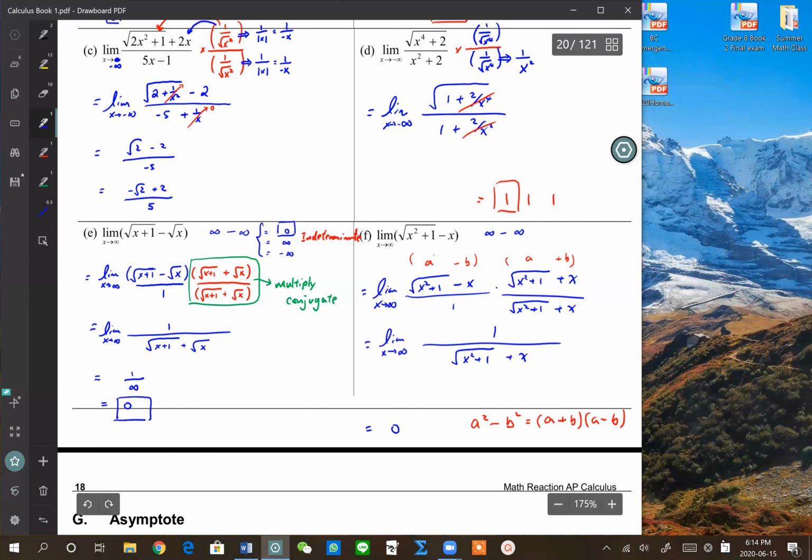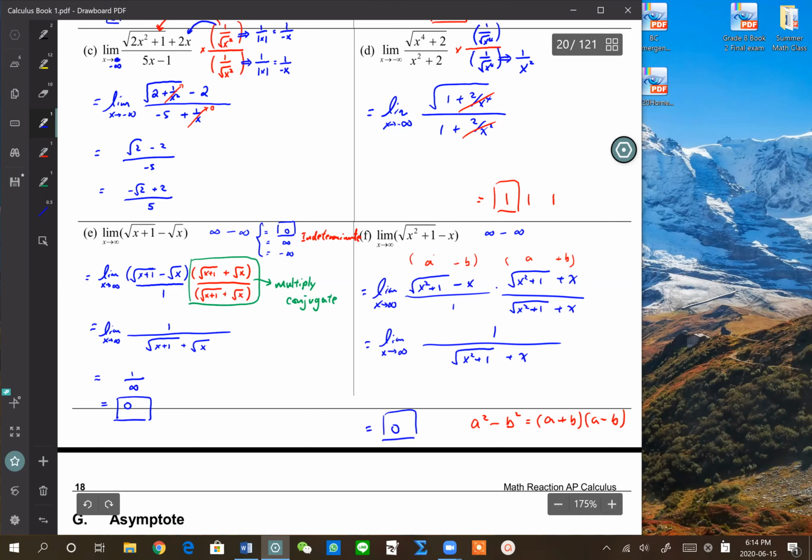The x squared canceled out, right? Yeah, okay. Now what do you do? Leon, what do you do now? Okay, I was just writing. Then you plug in infinity. Yeah, okay. And because only the denominator has a variable, only the denominator blows up, which makes the whole thing go to 0.